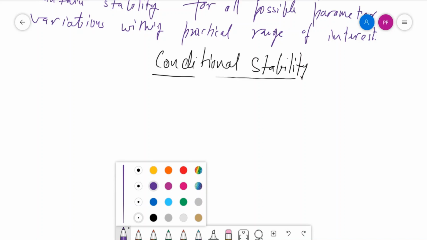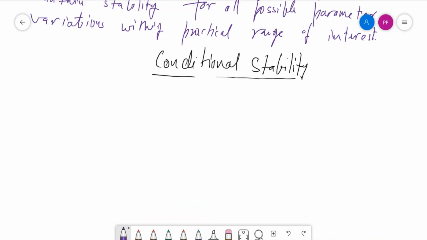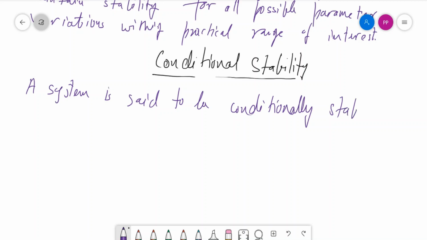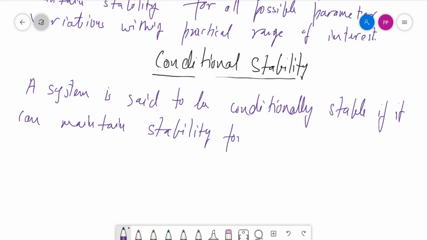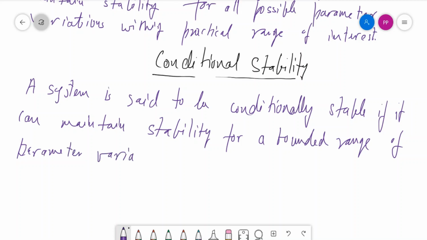Keeping that in mind, let me explain in words that a system is said to be conditionally stable if it can maintain stability for a bounded range of parameter variation as specified.